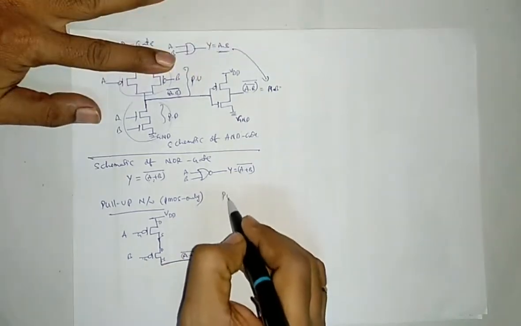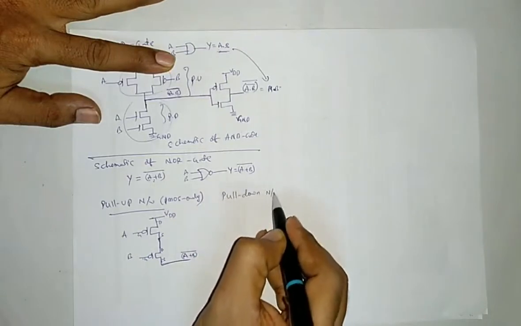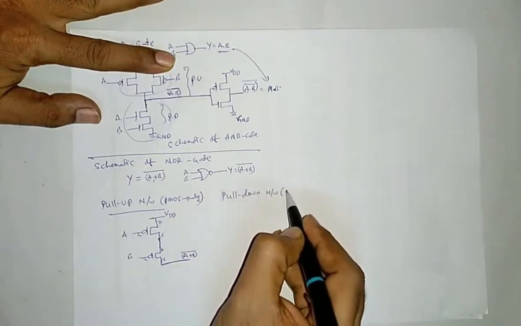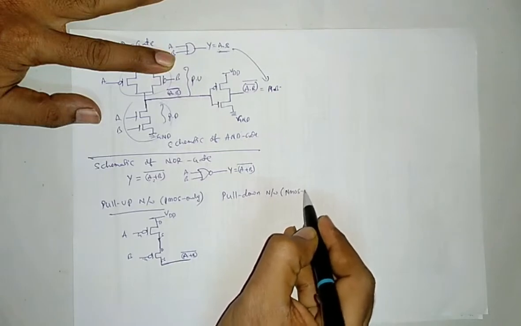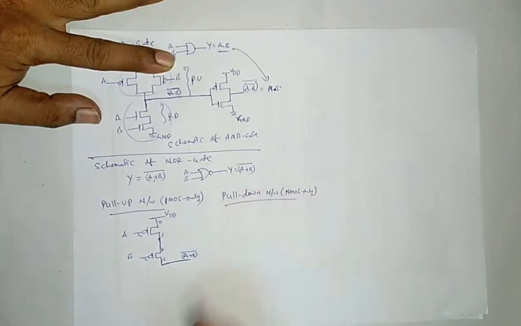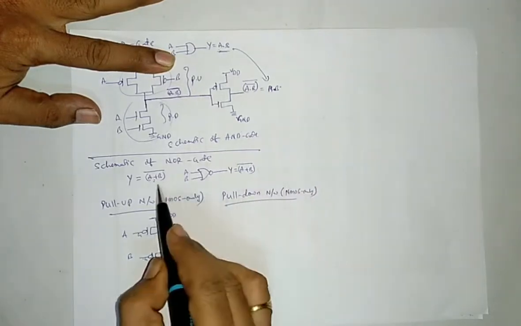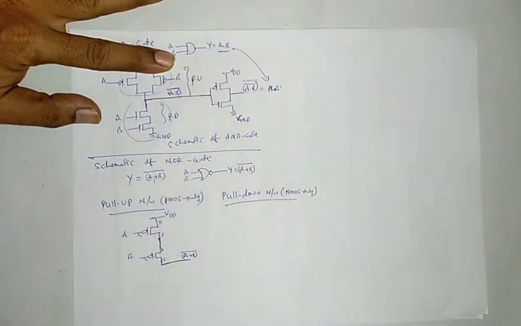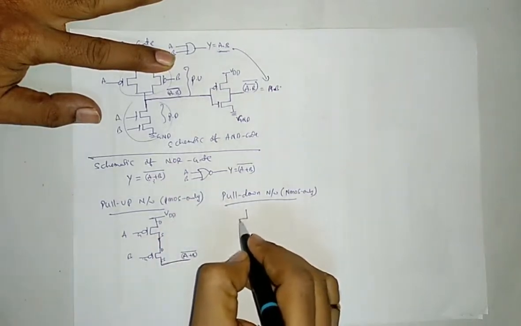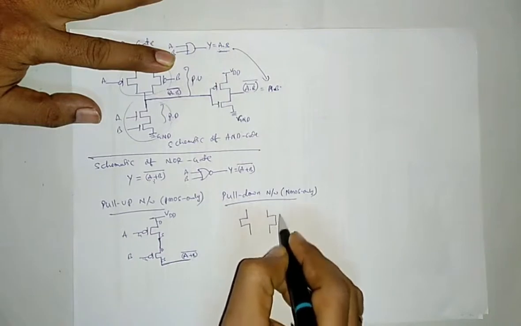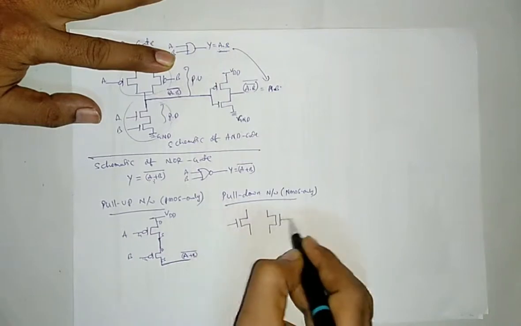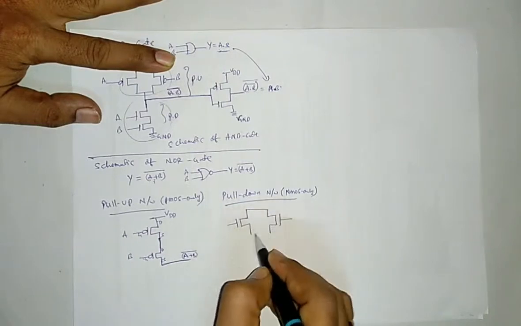Similarly, the pull-down network consists of NMOS transistors only. To generate the sum term, NMOS transistors should be in parallel. 2 NMOS transistors should be connected in parallel.